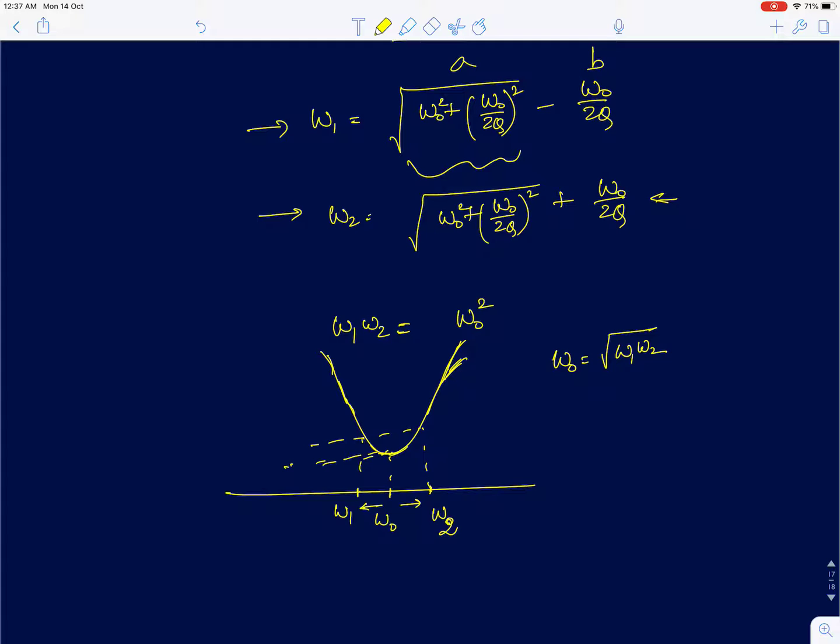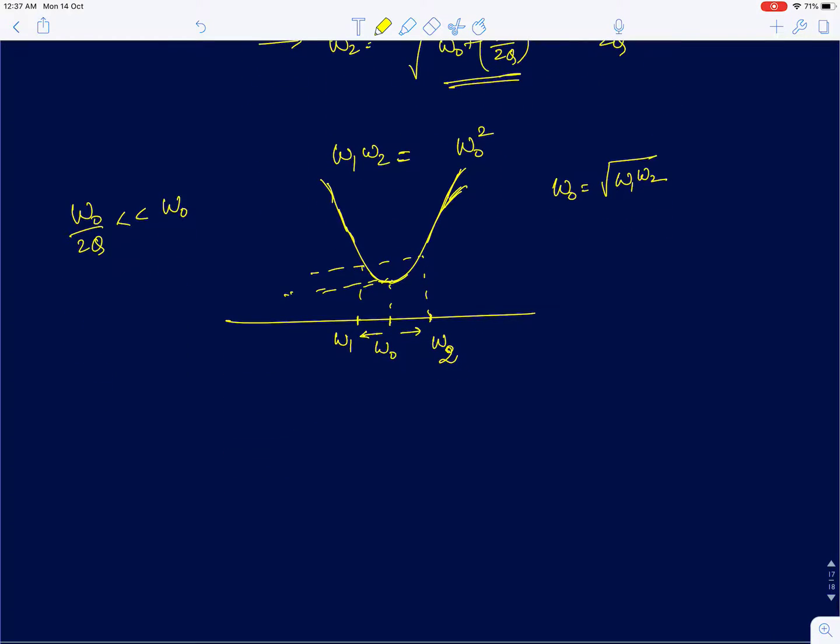But for very large values of Q, you can make an approximation that omega naught by 2Q will be much smaller than omega naught. So therefore, your omega 1, 2 will simply reduce to omega naught minus or plus omega naught by 2Q. So omega 1 is with the minus and omega 2 is with the plus omega naught by 2Q.